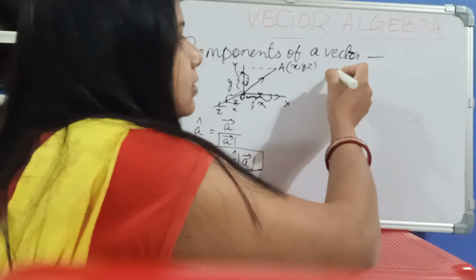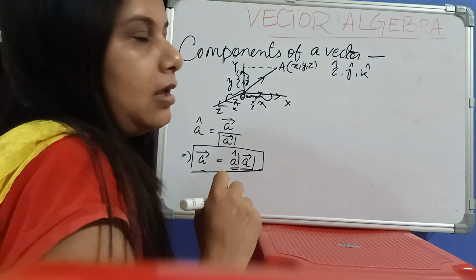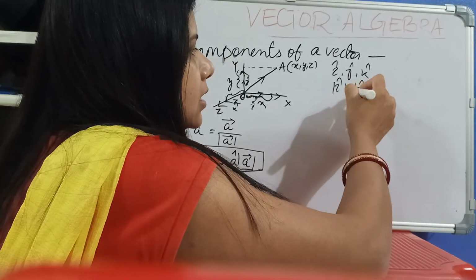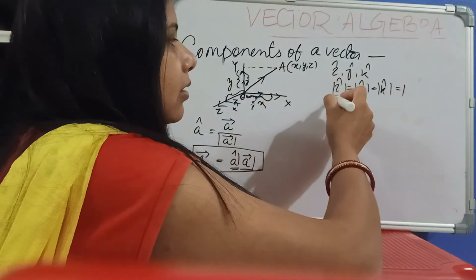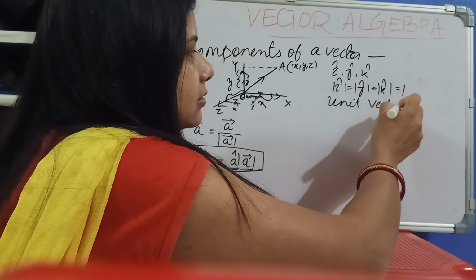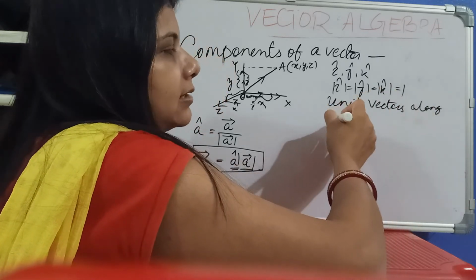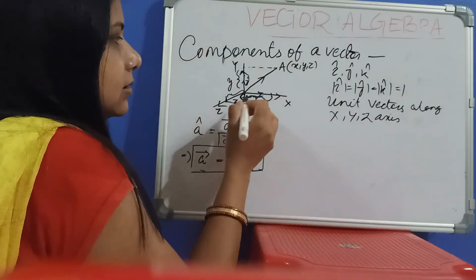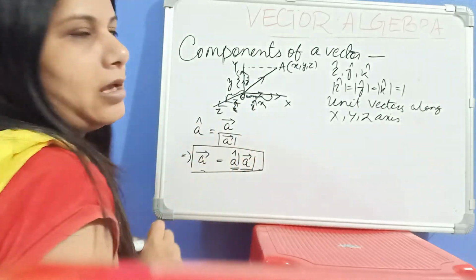Now we will introduce i cap, j cap and k cap. They are unit vectors, so their magnitude is 1. They are unit vectors along the x-axis, y-axis and z-axis. So this one is i cap, this one is j cap, and this one is k cap.